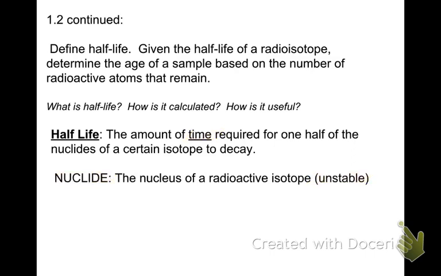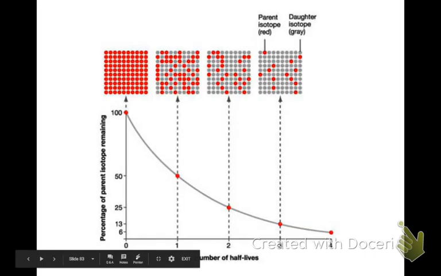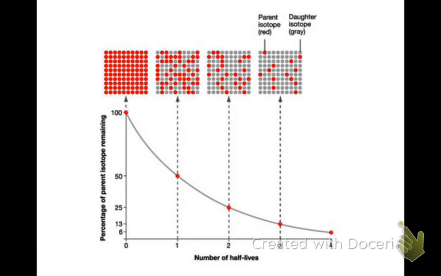If we were to look at a graph form of this, it would look something like this, where up along the top there you have red atoms representing isotopes that are radioactive. And then after one half-life down here, we can see that half of those have turned gray, so the daughter isotope, which is no longer radioactive and stable.